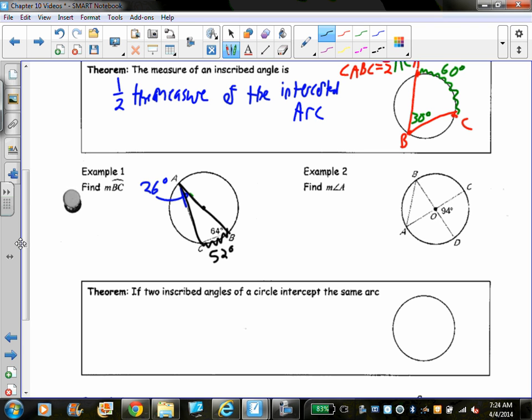Now over in this one, we're asked to find the measure of angle A. So, one thing to notice, we can figure out a few things about this circle right now. For example, since we know that this here is 94, and this is, notice, a central angle, that means that arc CD is also going to be 94 degrees.